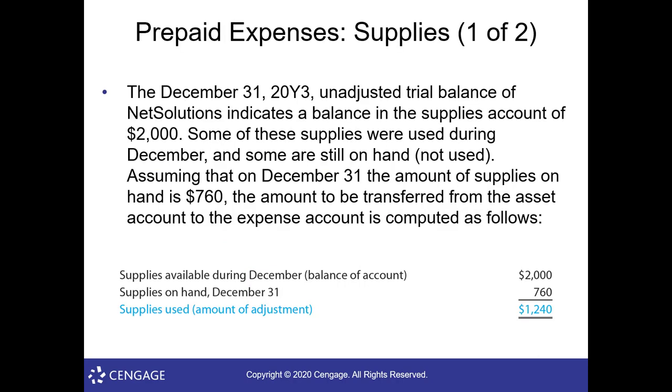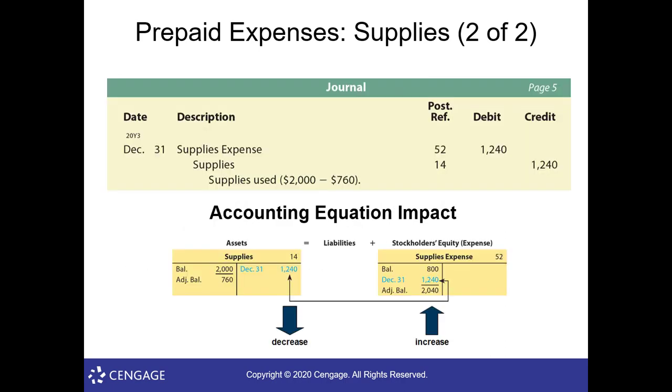Supplies, we have a total in the supplies ledger unadjusted of $2,000. We go in and we count and we ascertain that we have $760 left of that $2,000 balance. So that means we used up during the month of December $1,240. We're going to take the expense, debit supplies expense, and credit the supplies account, bringing it down to its actual balance of $760.